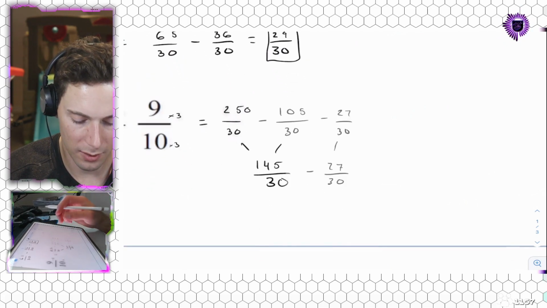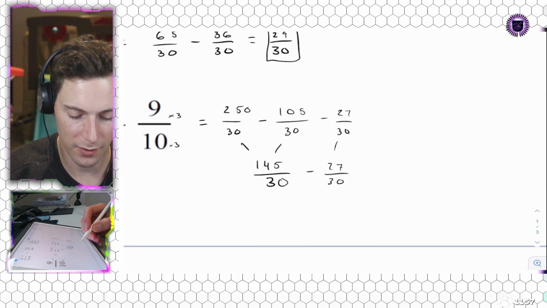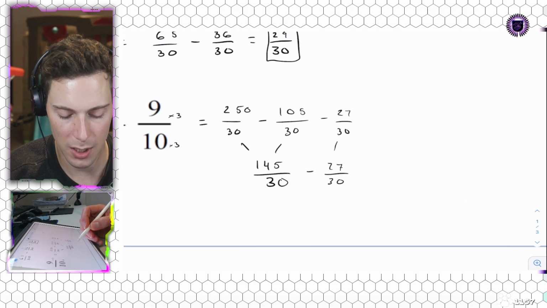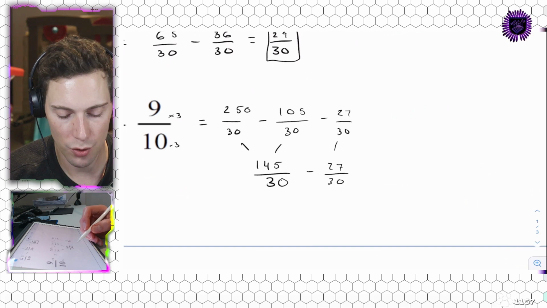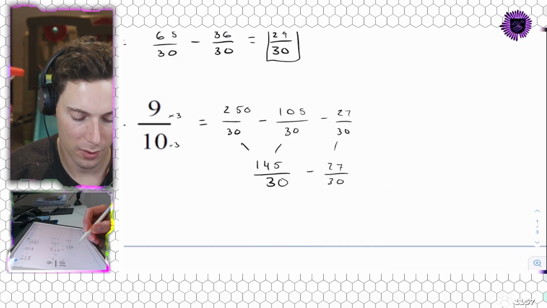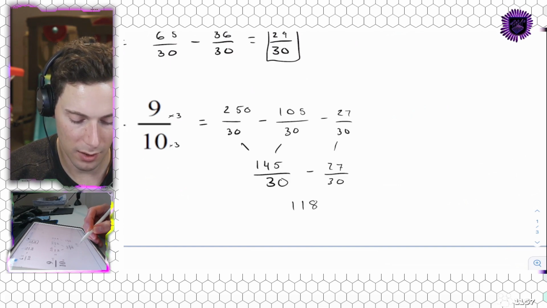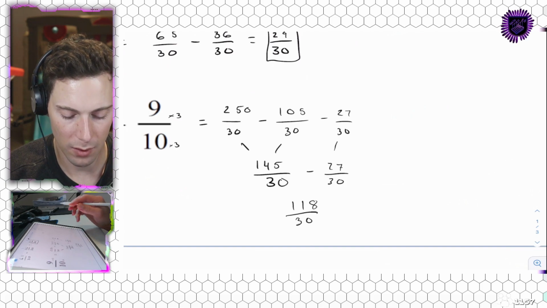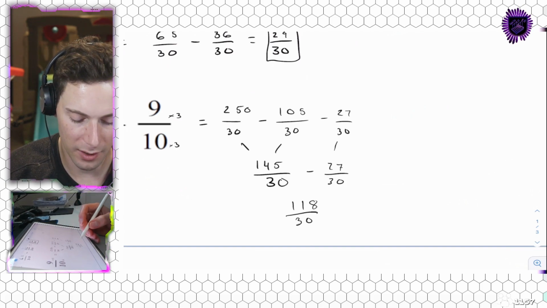And our answer will be 145 subtract 27, which will be 118 30ths. And now we need to simplify this.